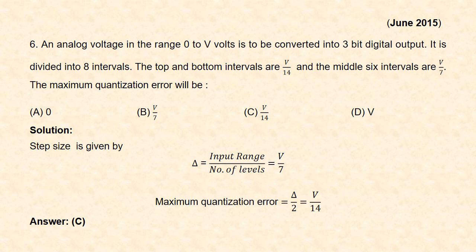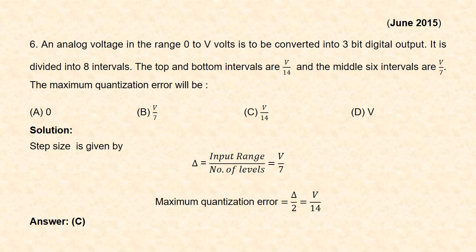Here we know that step size is given by delta equal to input range divided by number of levels. Input range is 0 to V, so we have V volts, and the levels are given: it is divided into 8 intervals, and the top and bottom intervals are V by 14.